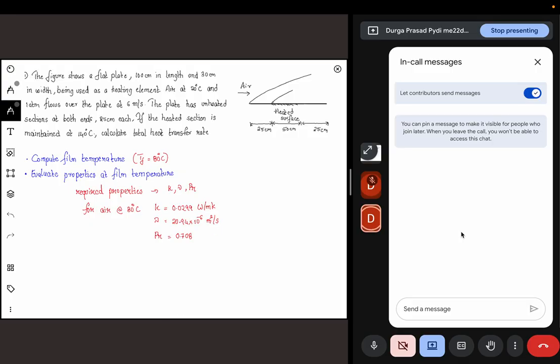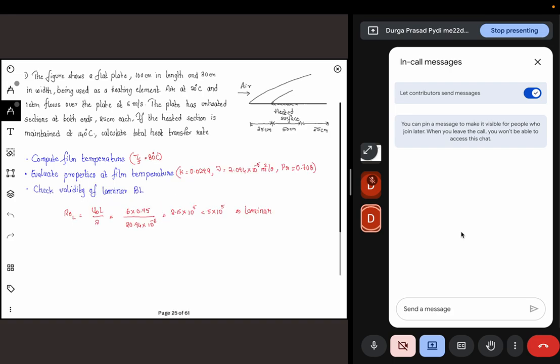With these values, we compute the Reynolds number. Where should I compute it? The Reynolds number keeps increasing as you go along the length of the plate, so I'll be calculating it at the edge of the plate. What length should I use: 50 centimeters or 25 plus 50?